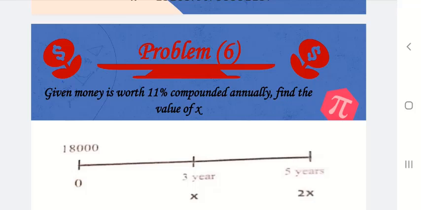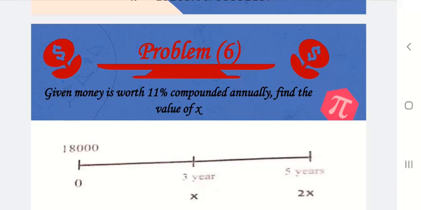Note that the nominal rate equals 11% and M equals 1 because it's compounded annually, so I equals 11%. And you can easily get N for $18,000, which equals 3, and N for X equals 0.